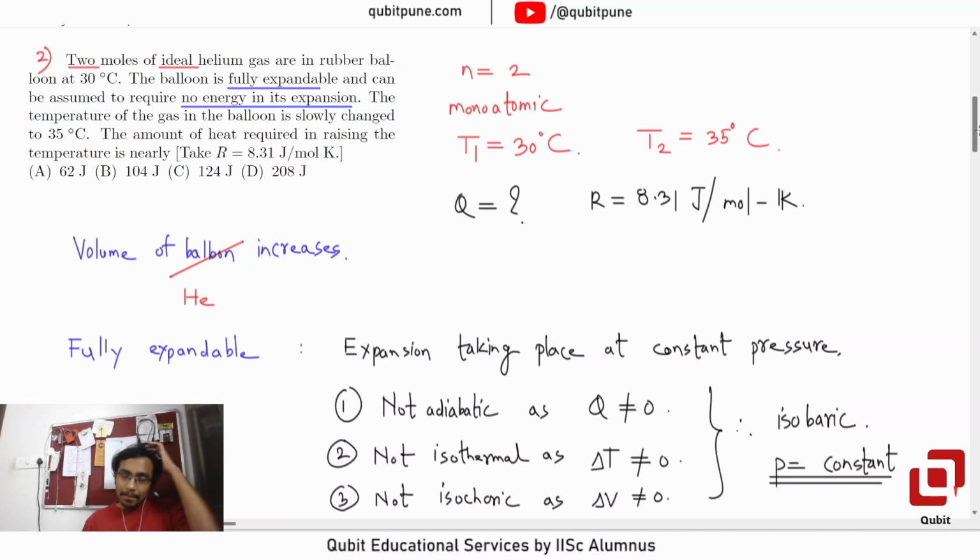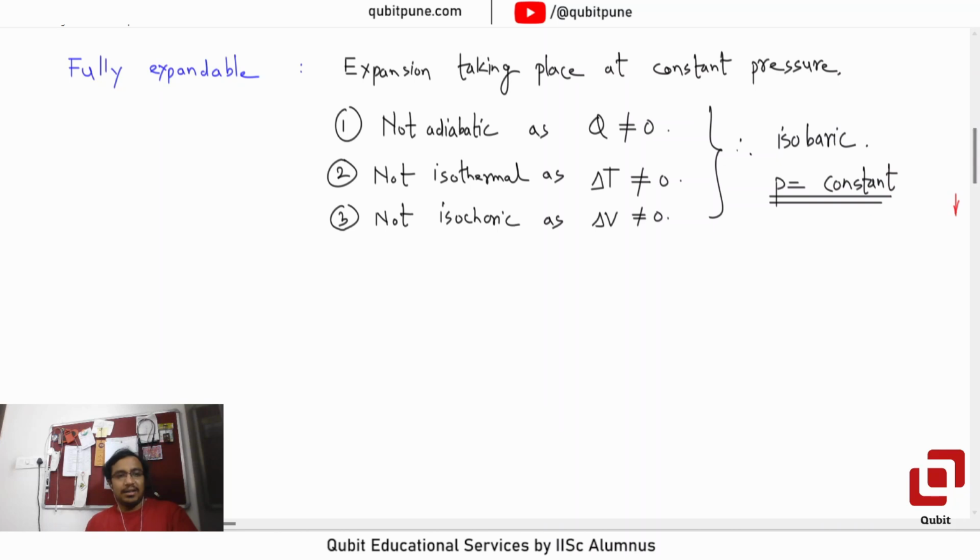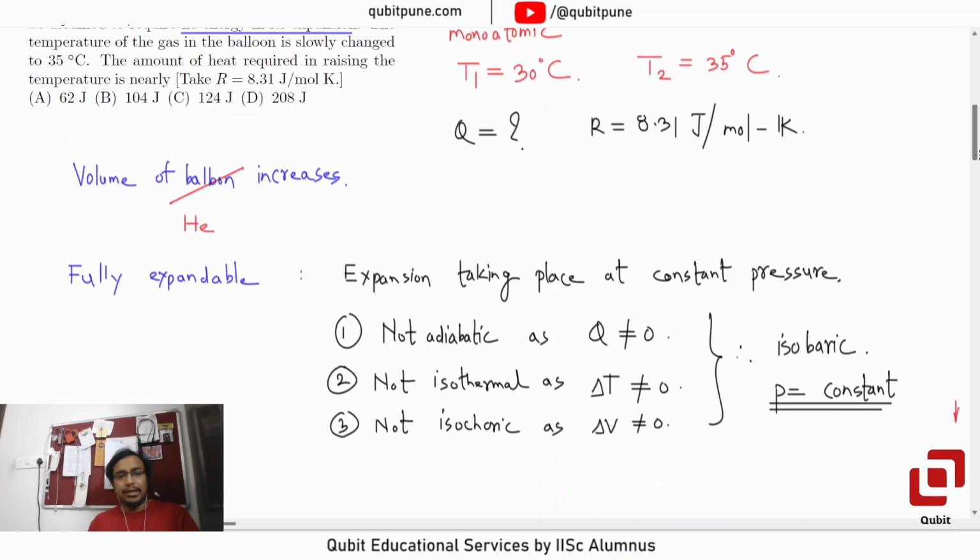Now we have n. We have to determine the heat, right? Let us first calculate Cv and then Cp. So what is Cv? It is an ideal monoatomic gas, right?